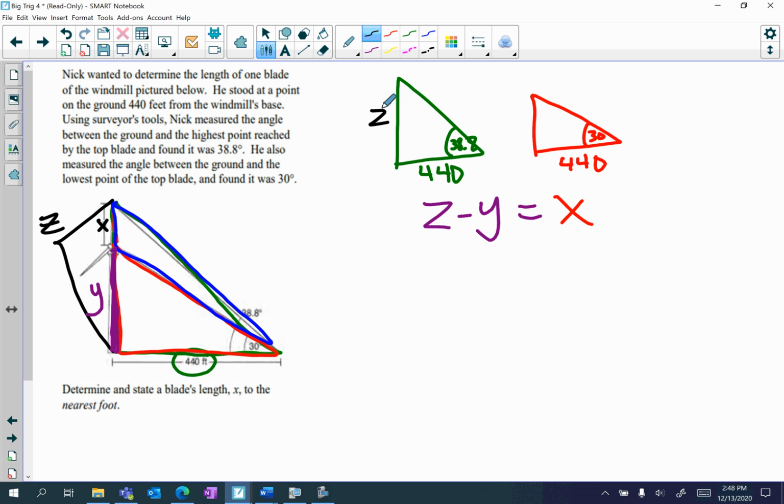Notice for z, I have an angle here. That's going to be my central angle. I'm looking for z, which is across, so that's going to be opposite. And 440 is going to be my adjacent.